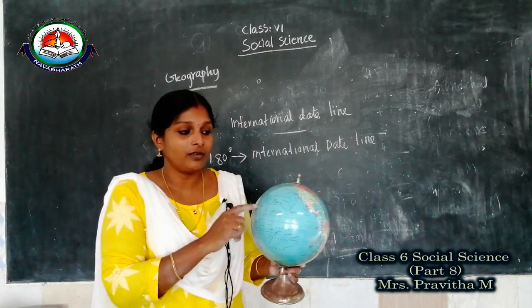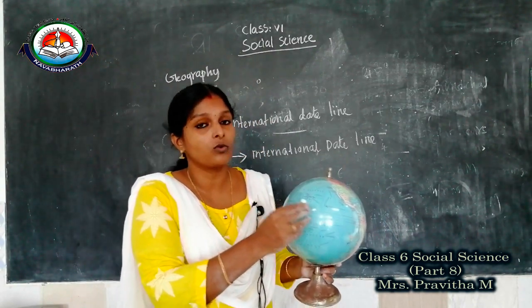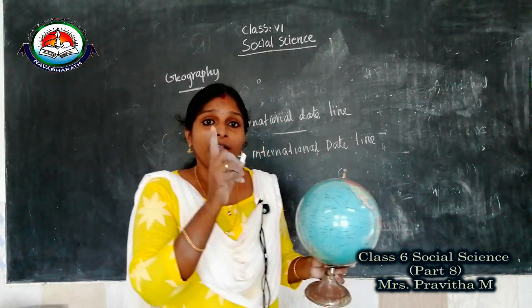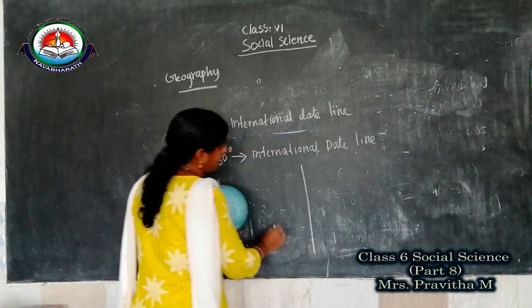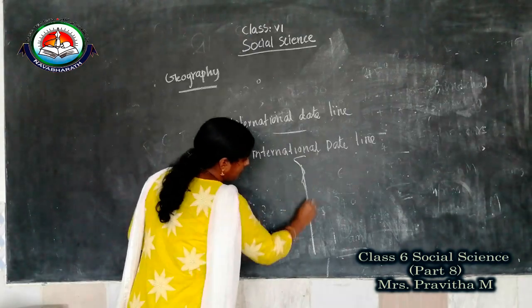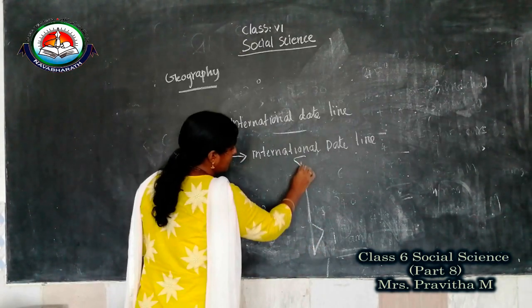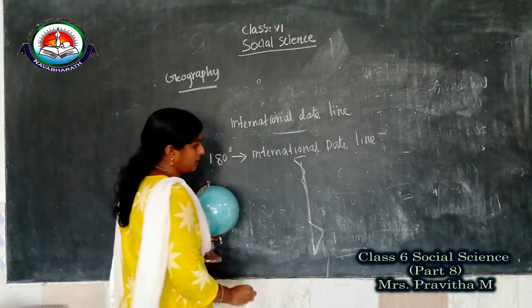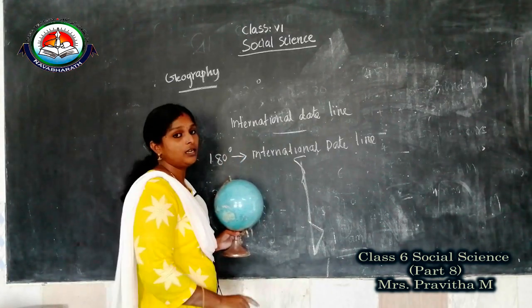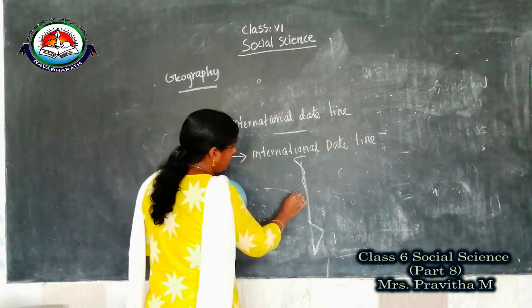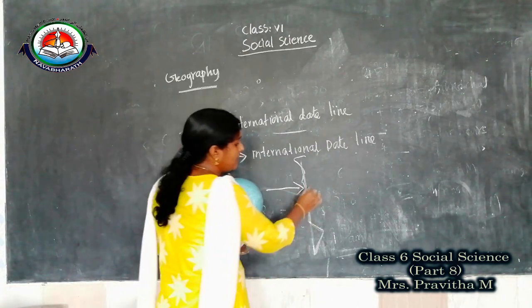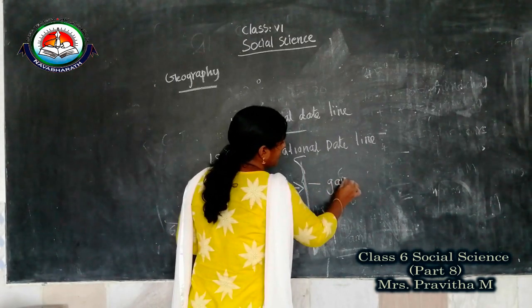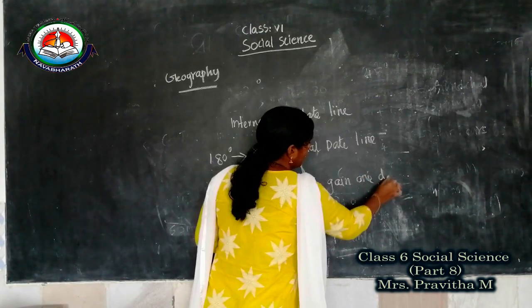Means if we are crossing the international dateline, a 1 day difference will come. Suppose this is the international dateline and I decided to cross it. If I am moving to the eastern side of the international dateline, I will gain 1 day.